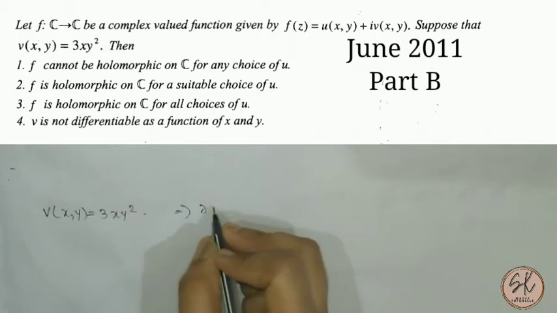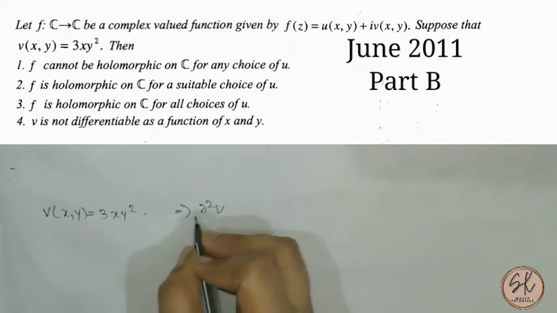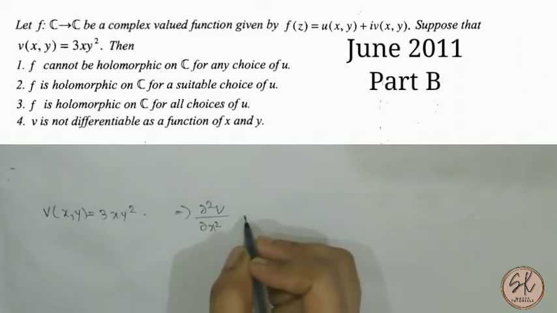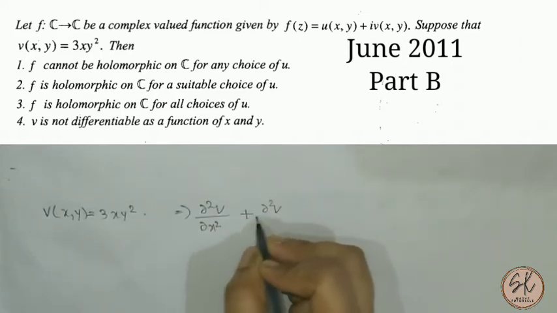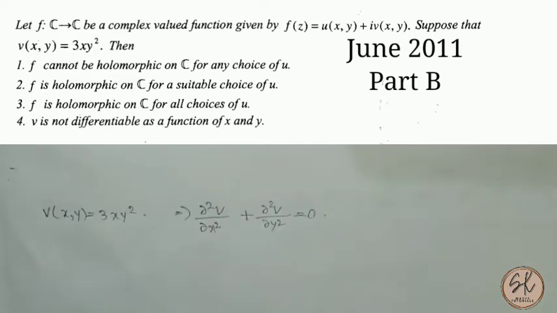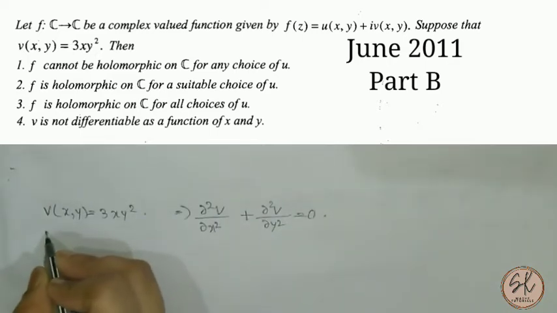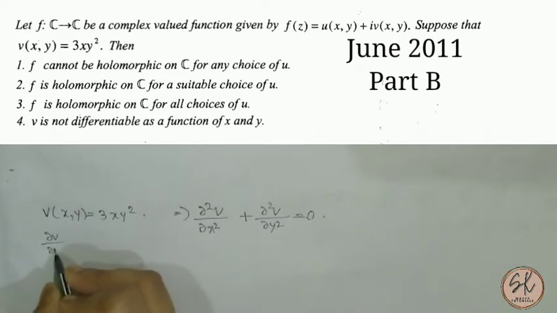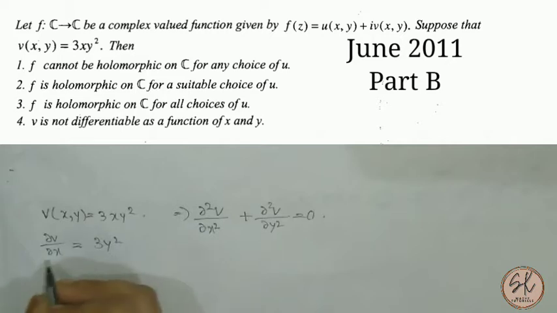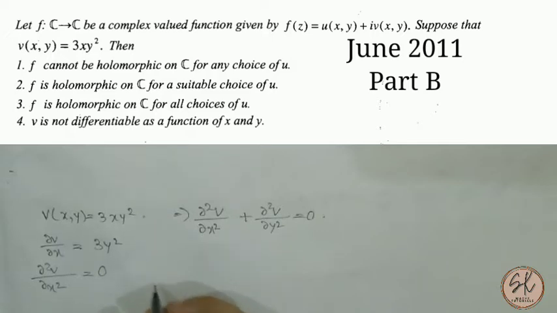So what is the Laplace equation? The Laplace equation is del square v by del x square plus del square v by del y square equals 0. Now let us find del v by del x, that is equal to 3y square. Now del square v by del x square is equal to 0.